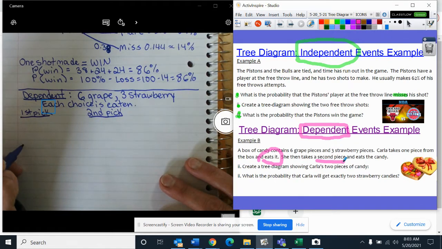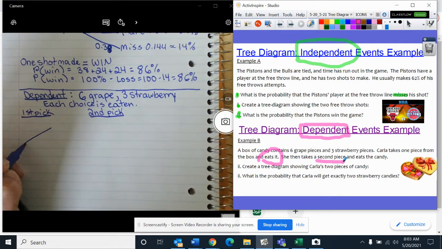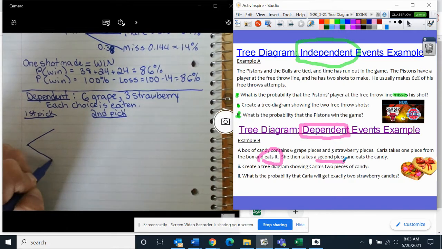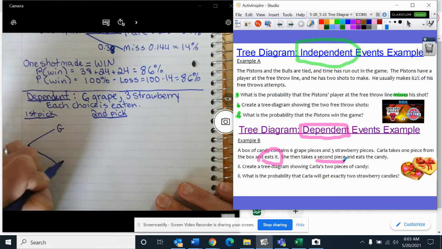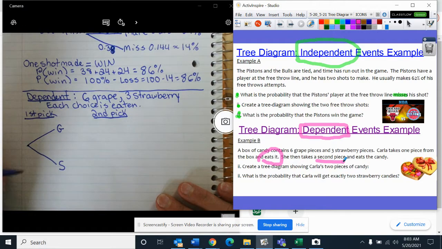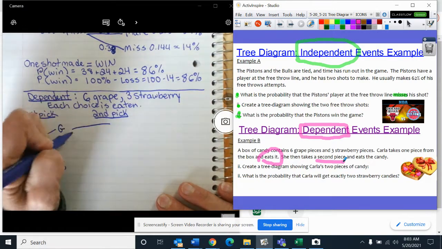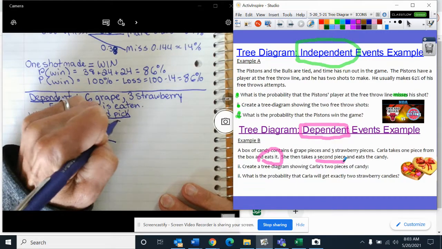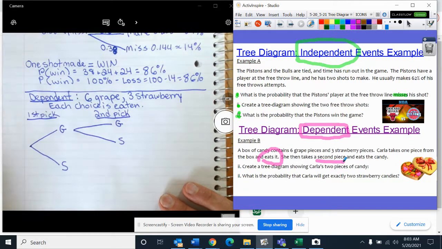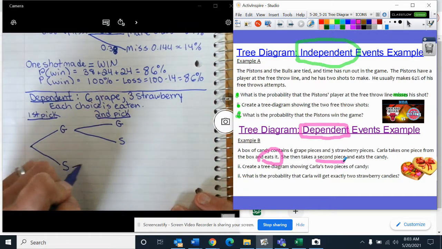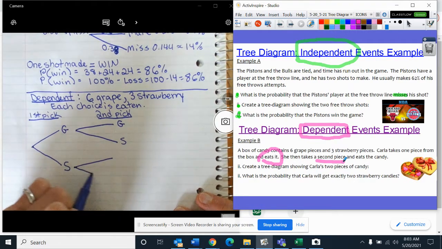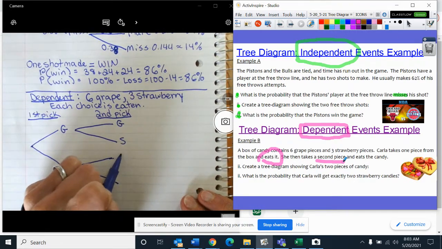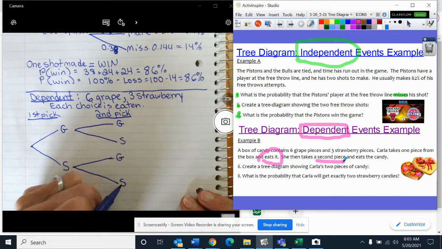So the first pick could be grape or it could be strawberry. And then the second pick could be grape or strawberry. And if they picked strawberry the first time, the second pick could be grape or strawberry.